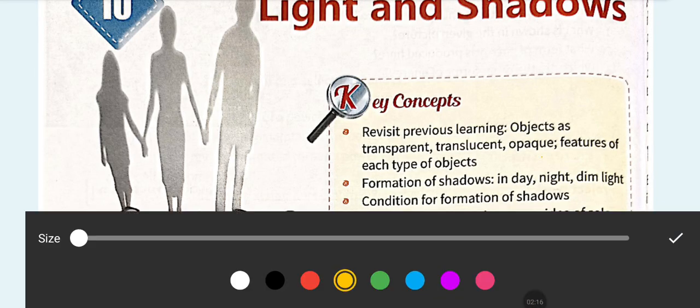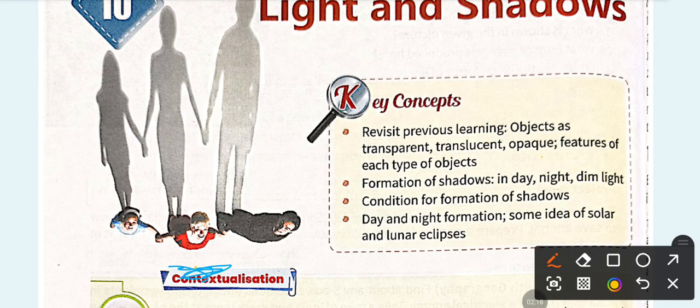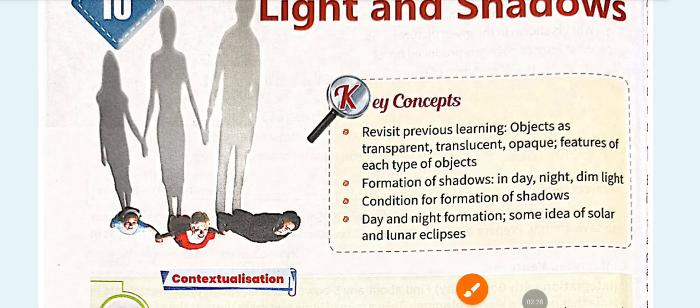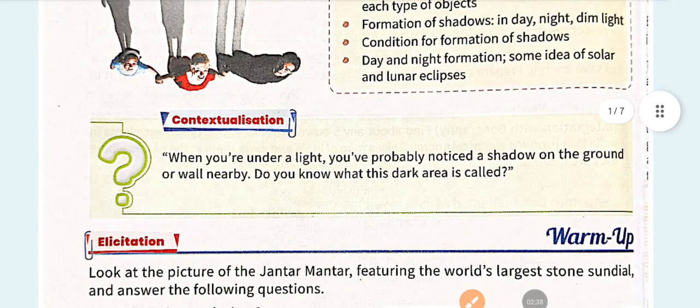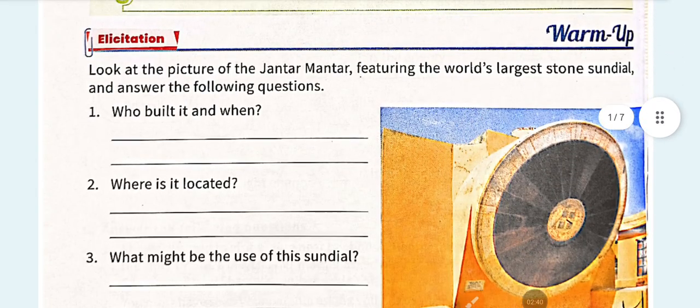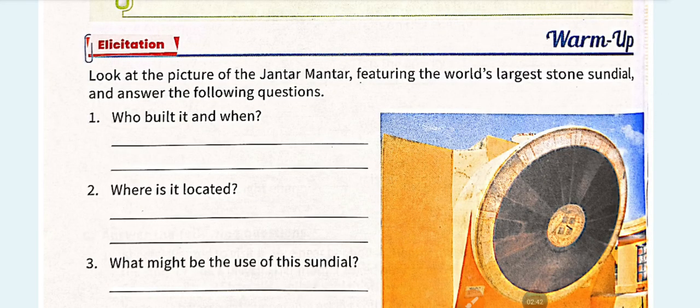So, where will the shadow be? Here you can see the large shadows formed in this area, here and here. There are different sizes and shapes of shadows depending on the shape of the object kept in front of the light source, right? Now let's start discussing and reading our chapter.